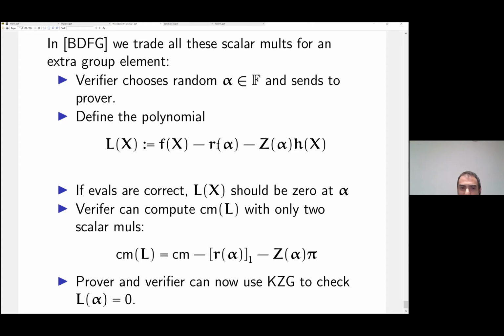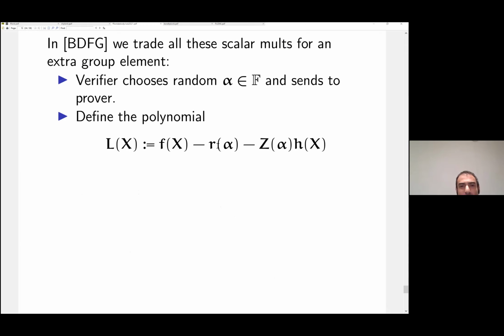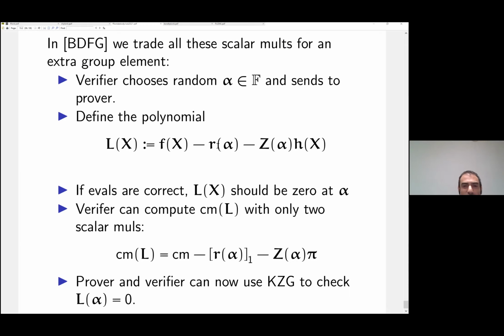And now, just to remind you, our original claim was that all the values Z0 to Z_{d-1} are really the values of F at the points S0 to S_{d-1}. Under this random reduction, it now reduces to just checking that L is 0 at alpha.